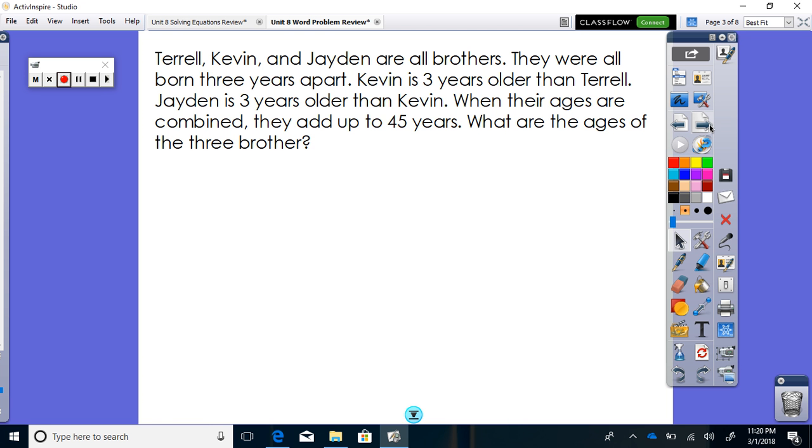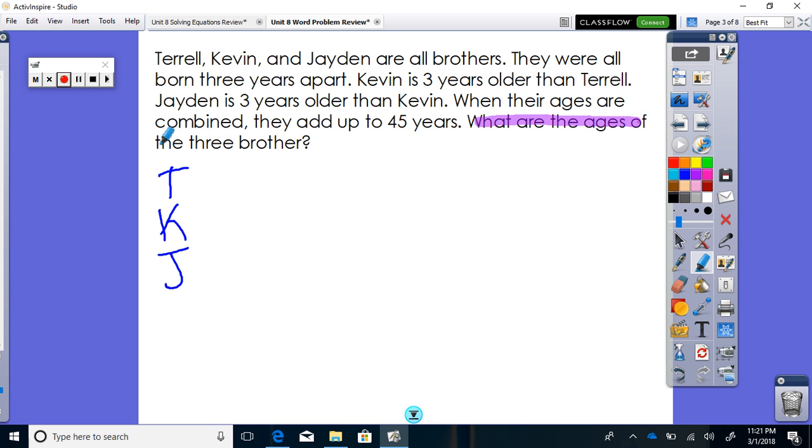So this one is similar to the last 2 problems we did, but it has 3 brothers this time. So we have Terrell, Kevin, and Jaden. So I'm going to use T for Terrell, K for Kevin, J for Jaden. And then remember, we always want to ask ourselves, okay, what's the problem asking us?